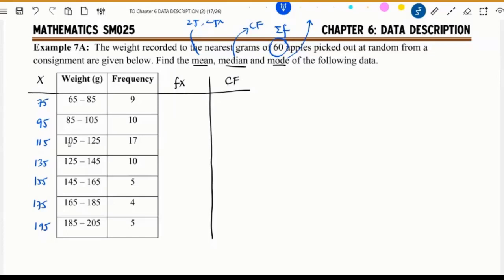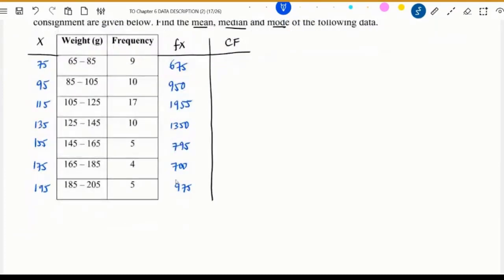675. Second one, 950. Okay, and then here will be quite large, 1955, 1350, 795, 700, and then 975. Okay, so at the end of this column, you have to put the total.